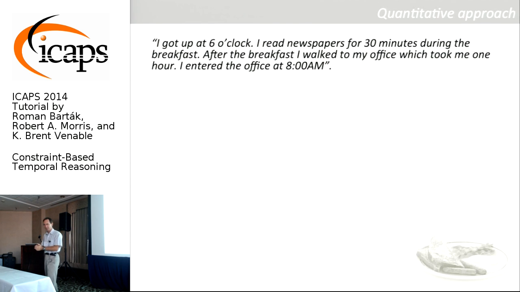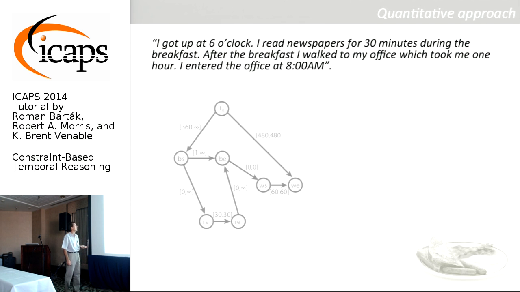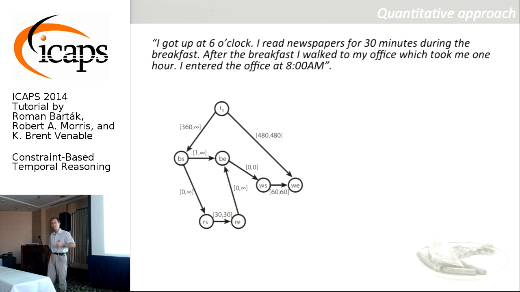So now we have numbers. And we have more precise information about distances between time points or durations of intervals. And then we use these quantitative approaches to model this, right? So again, we will use time points, like the starting of breakfast, which is exactly when I got up, the ending of breakfast, and so on.